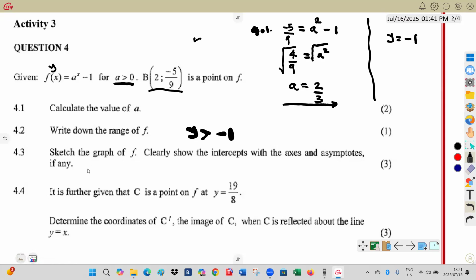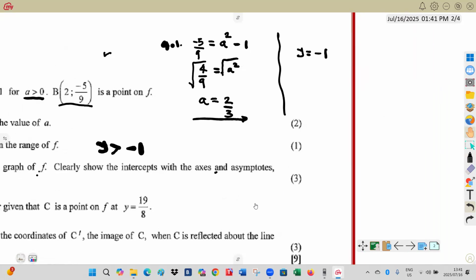Then the next question wants us to sketch the graph of f. The graph of f, clearly show the intercepts with the axis and the asymptotes. So to sketch the graph here, that is question 4.3.